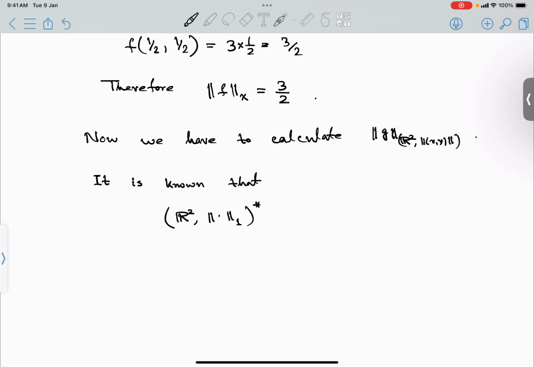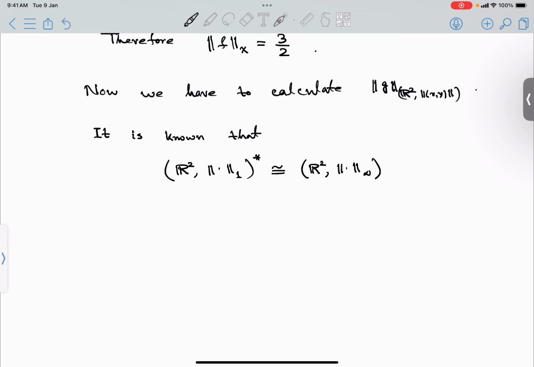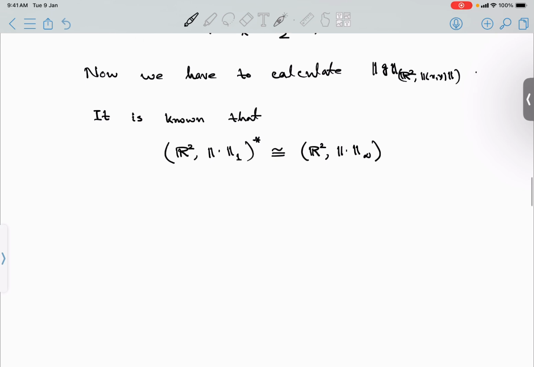So this is isomorphic to R2 with the L infinity norm. And this is isometrically isomorphic.